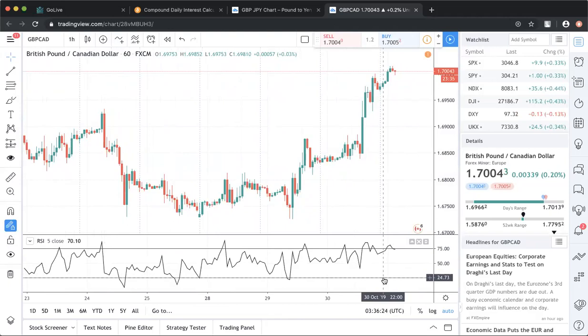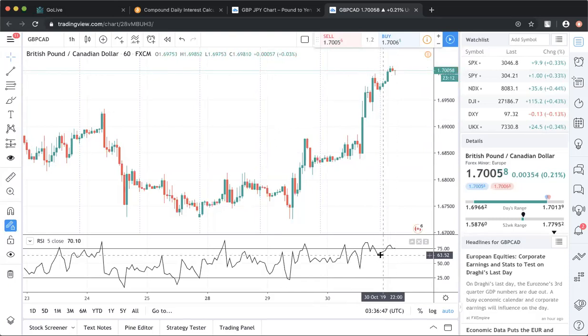Why we look at this is for an added confirmation in order to get into the markets, to give you a sense of direction. Let's say, for example, price is going up. That should mean there are more people buying in the markets.